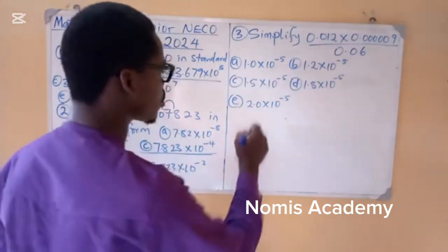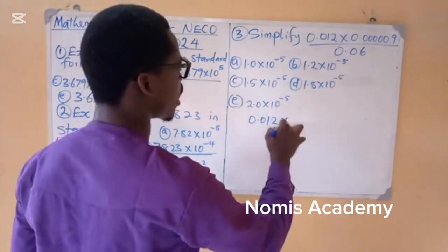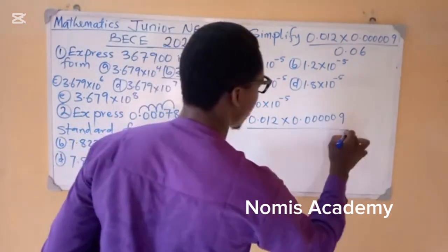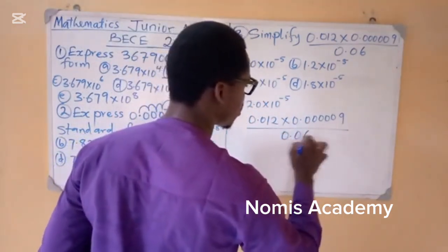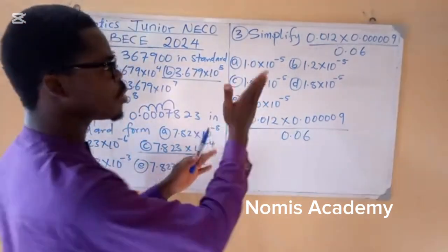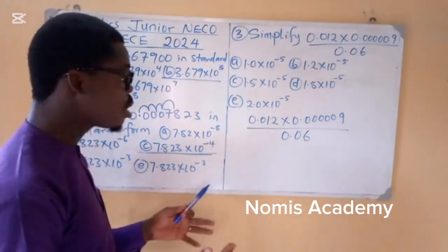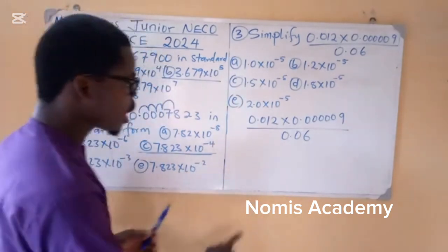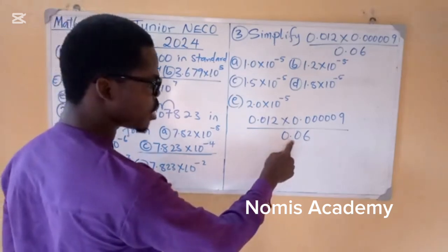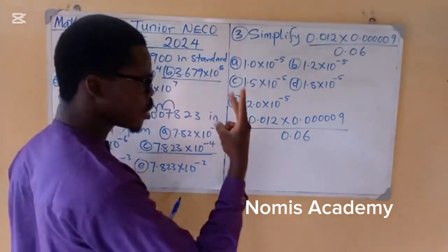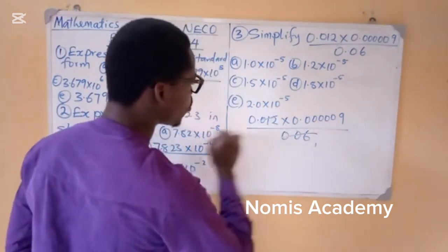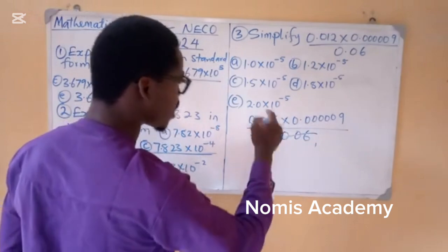So now let's pick this out: 0.012 times 0.000009 all over 0.06. Let's divide. Mind you, in this problem, you're not expected to use a calculator. You're expected to solve. Now 0.012 divided by 0.06 is 0.2.